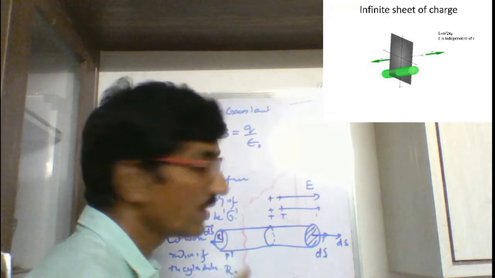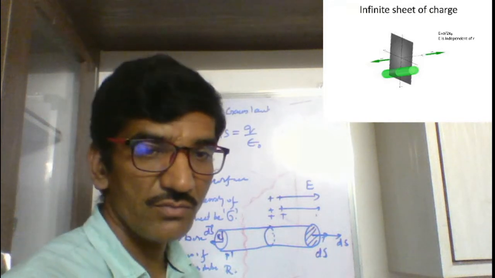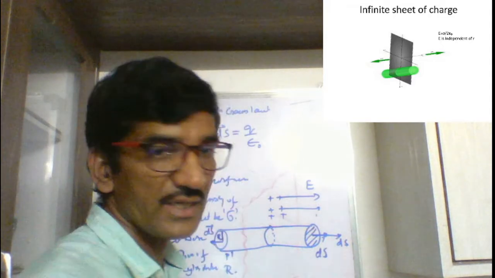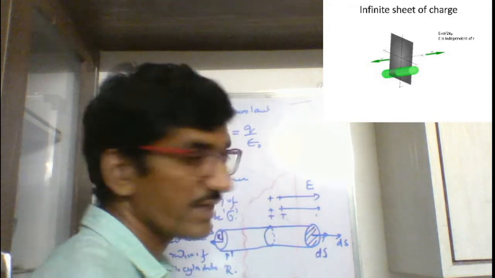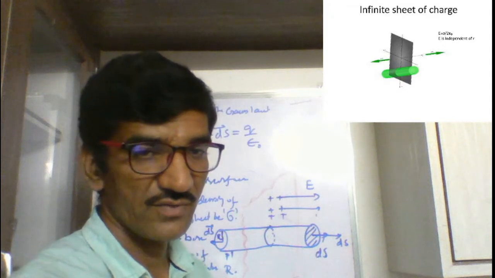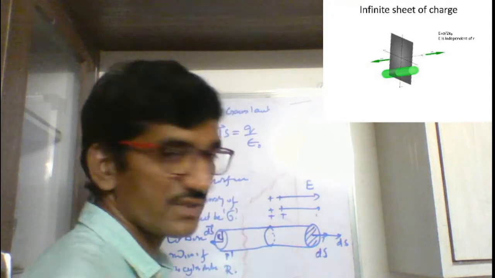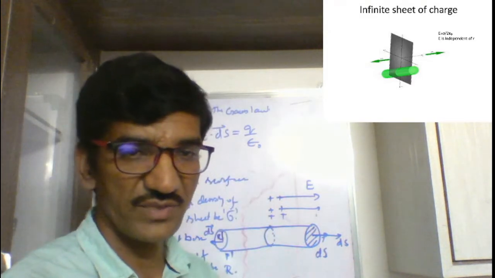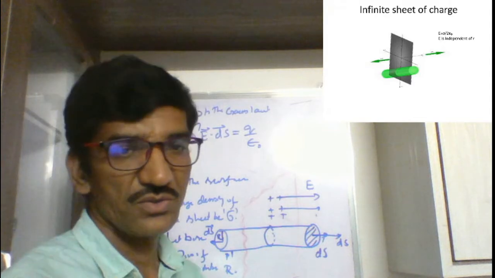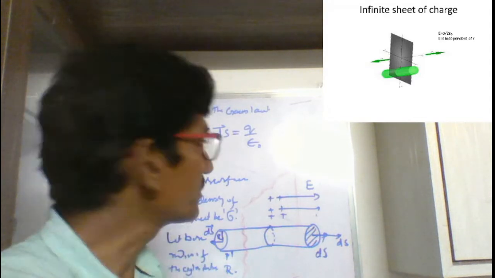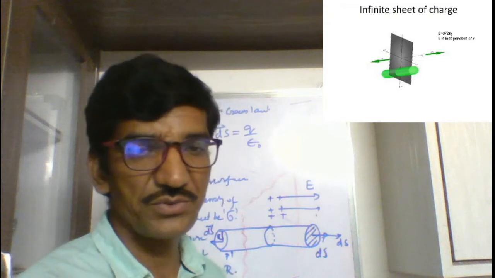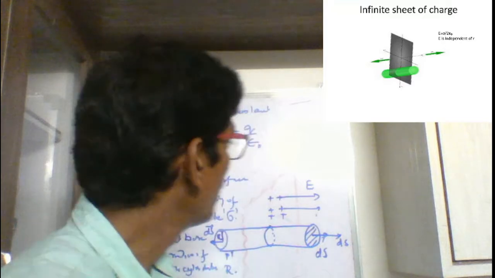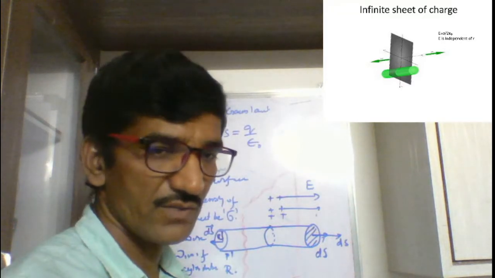Now you have to modify this Gauss law according to your problem. You have to manipulate the LHS as well as the RHS, because you want to apply this law for this particular problem. Here Q is not mentioned for us. We did not assume Q, so we are only given sigma. So we have to express Q in terms of sigma. That you know very well, because you have one formula for that.